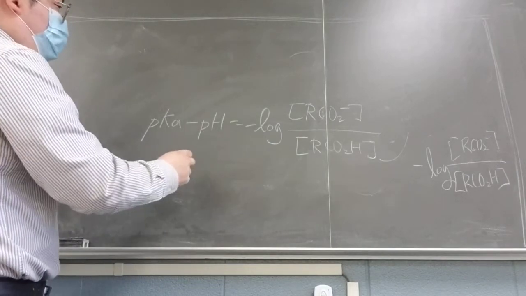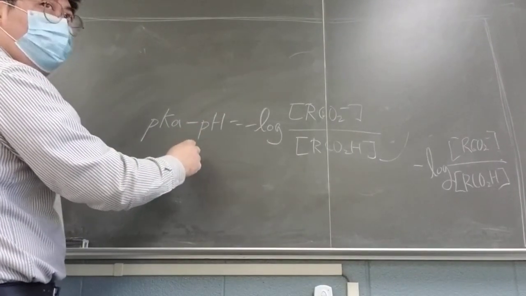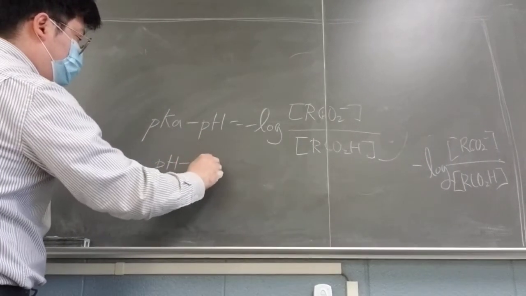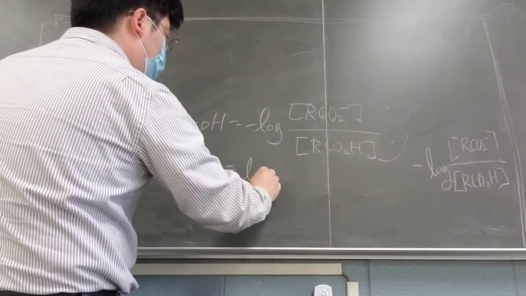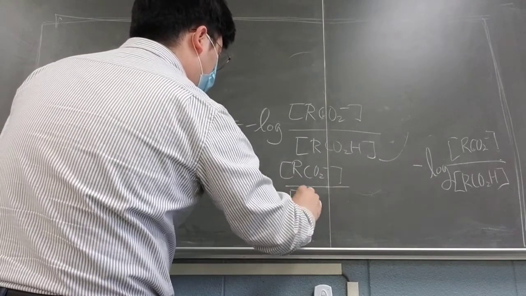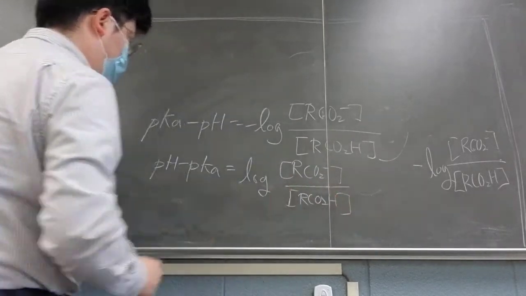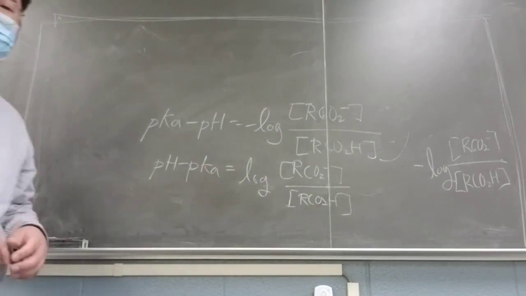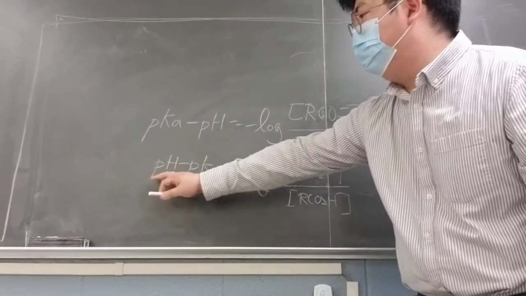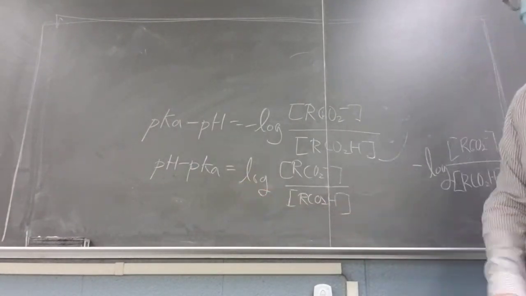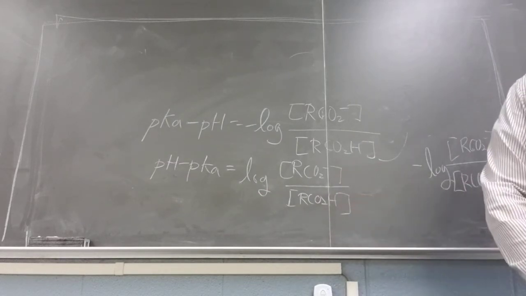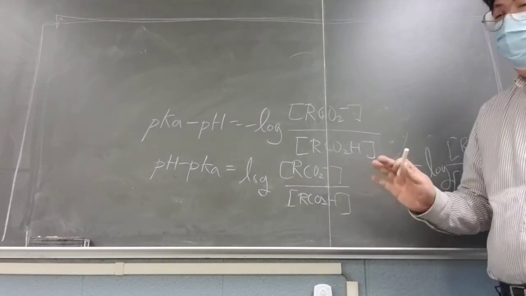And then if you do the other way, that makes the pH equal to pK plus log of your conjugate base over carboxyl, which is carboxylate over carboxylic acid.